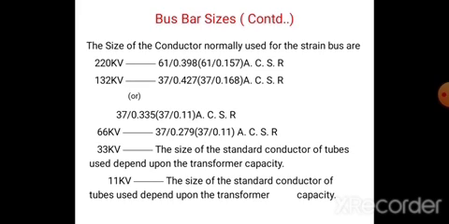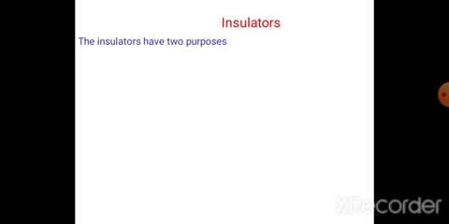For a 66 kV line, 37 by 0.279 aluminum conductor steel reinforced. For 33 kV and 11 kV lines, the size of the standard conductors or tubes used depends upon the transformer capacity. As the transformer capacity increases, the diameter and size of the conductor should increase.